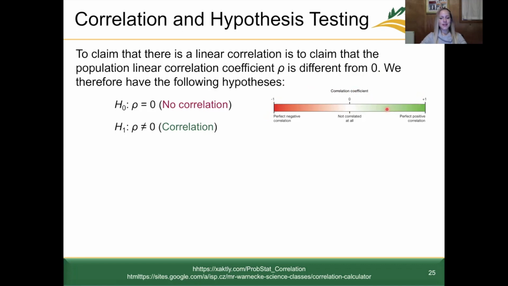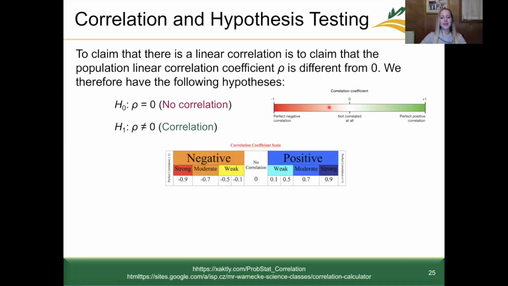It's clear from the scale that numbers here close to 0 means we have sort of a weak correlation. Another way to picture this is, again, we have 0 where we have no correlation, then we go to this side where we have a positive correlation, then over here with a negative correlation coefficient, then we have a negative correlation.